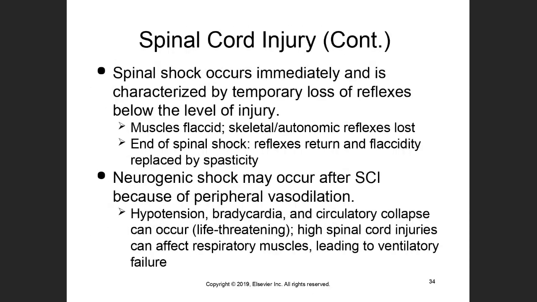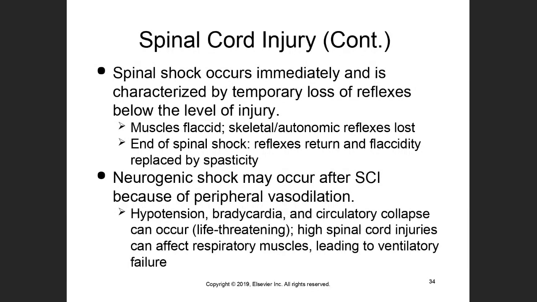Spinal shock occurs immediately and is characterized by temporary loss of reflex below the level of injury, muscle flaccidity, skeletal and autonomic reflex loss. In spinal shock, reflex returns and flaccidity is replaced by spasticity.